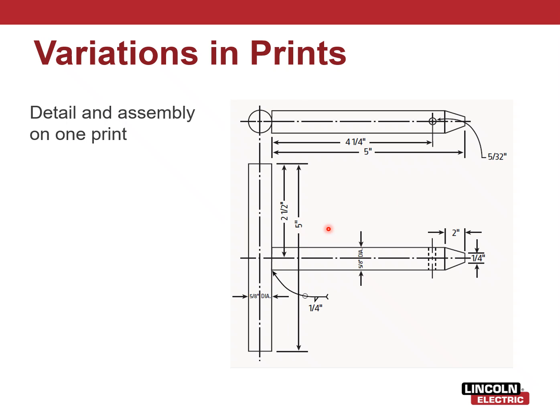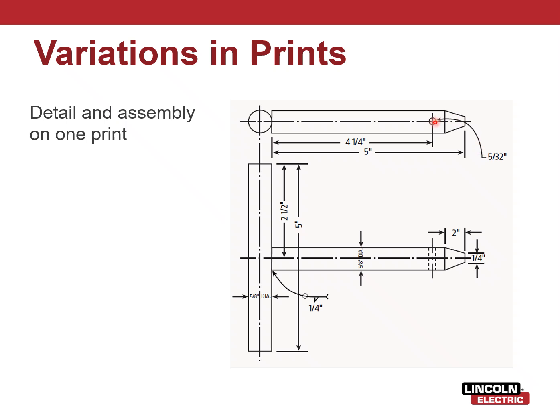You look at this, and you should be able to hand it to a fabricator and they would be able to make the part. It has all the information. We can see 5/8 outside diameter, so I'm assuming this is 5/8 tubing. We have the length of the part. We've got the information to make the chamfer, 2 inches with a 1/4 inch flat spot.